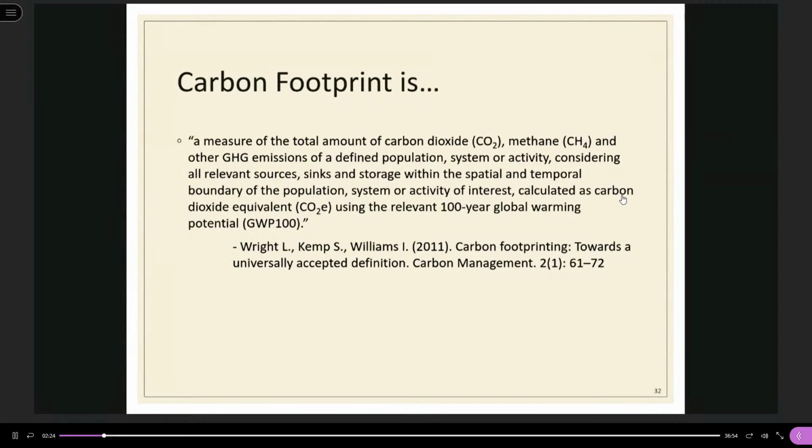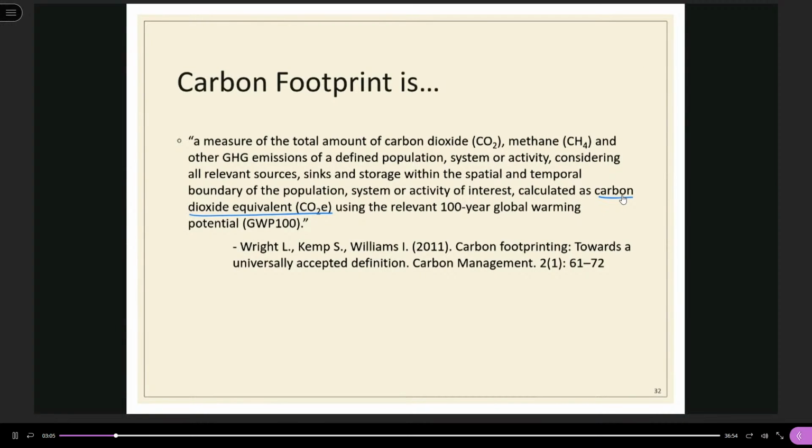Another definition of carbon footprint: it is a measure of the total amount of carbon dioxide, methane, and other greenhouse gas emissions of a defined population, system, or activity, considering all relevant sources, sinks, and storage within the spatial and temporal boundary of the population, system, or activity of interest, calculated as carbon dioxide equivalent using the relevant 100-year global warming potential.